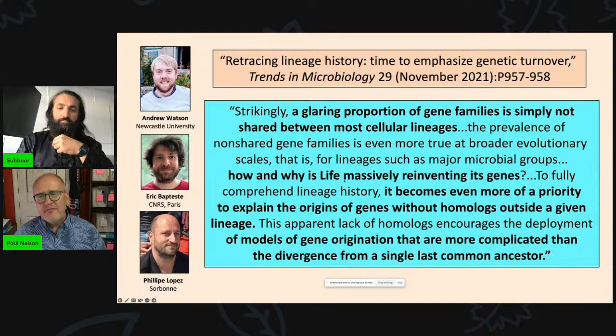How and why is life massively reinventing its genes? We need to understand, these guys argue, that there are processes that give rise to genes that don't have homologs outside that particular lineage. And we need models of gene origination, they say, other than diverging from a single last common ancestor.